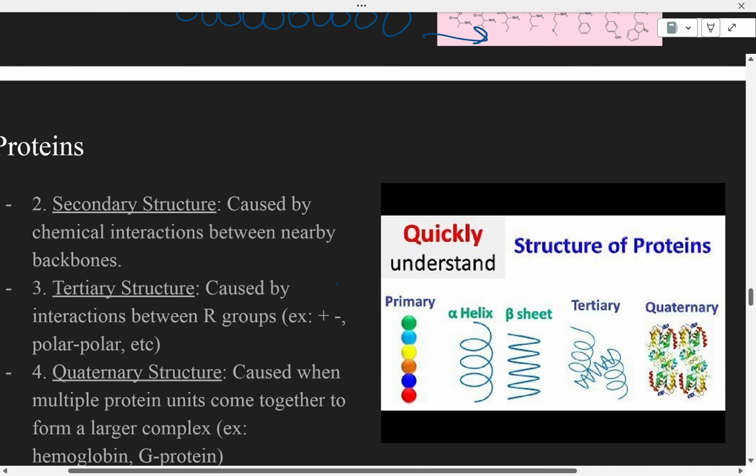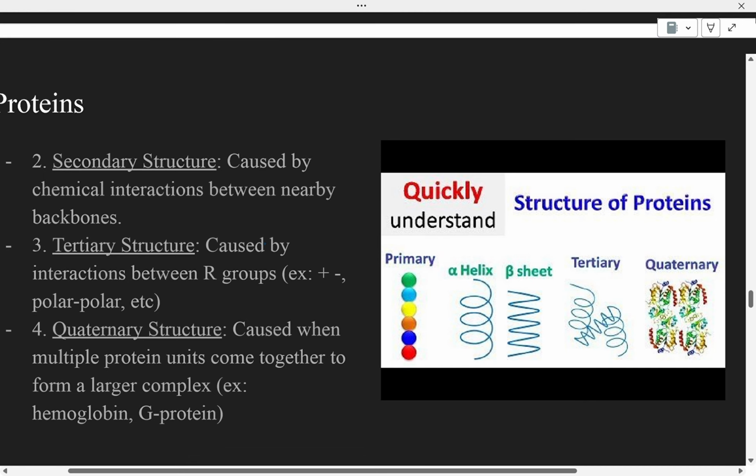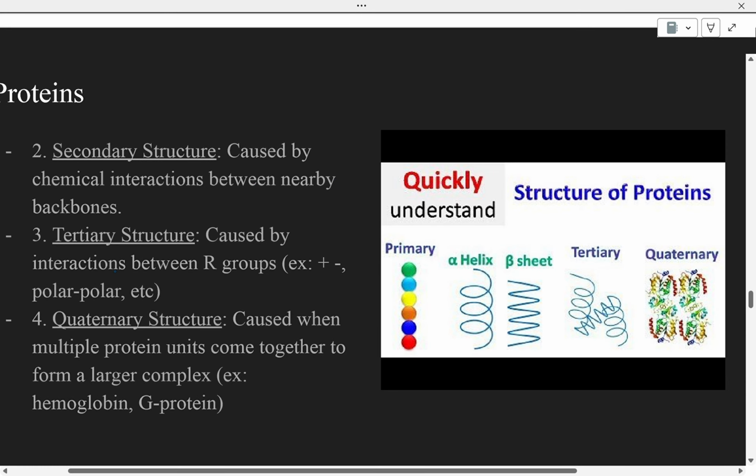So if we look on the right, we can see primary structure is the order here. Then secondary structure, we get these unique shapes that result from the interactions of the backbones here. So you can see we have one called an alpha helix and one called a beta sheet here. You don't have to know the difference between these two, just know that some geometric shapes can be formed from the secondary structure.